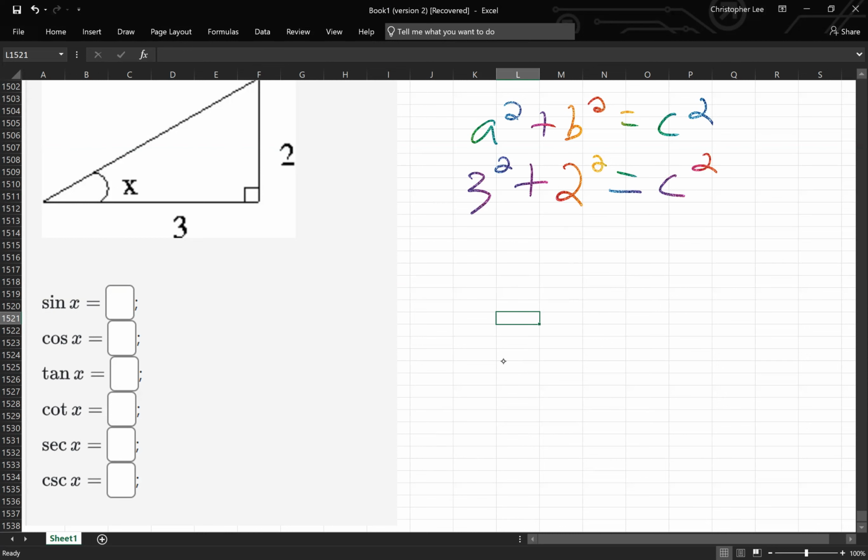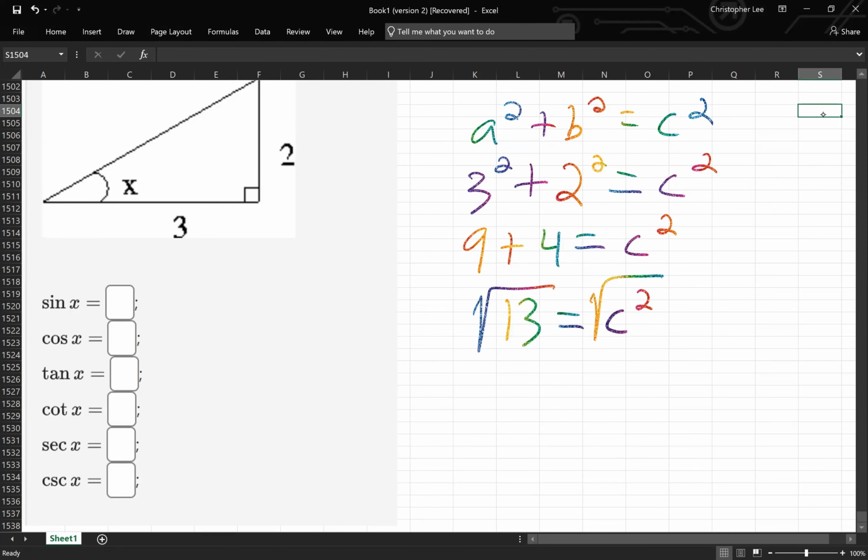So this is 9 plus 4 is equal to c squared. 9 plus 4 is 13, equal to c squared. To get c by itself, I'm going to square root it. I do to one side, do to the other. So c is equal to square root of 13.